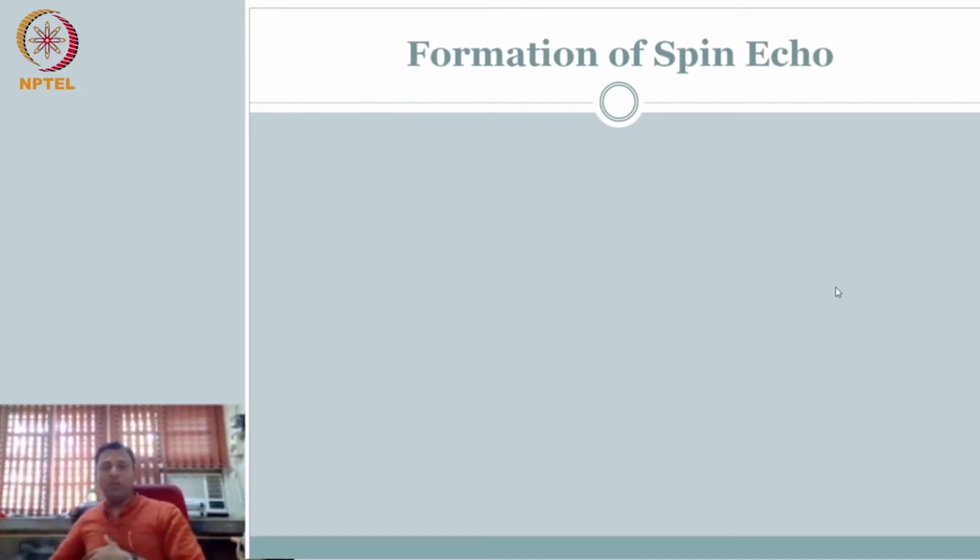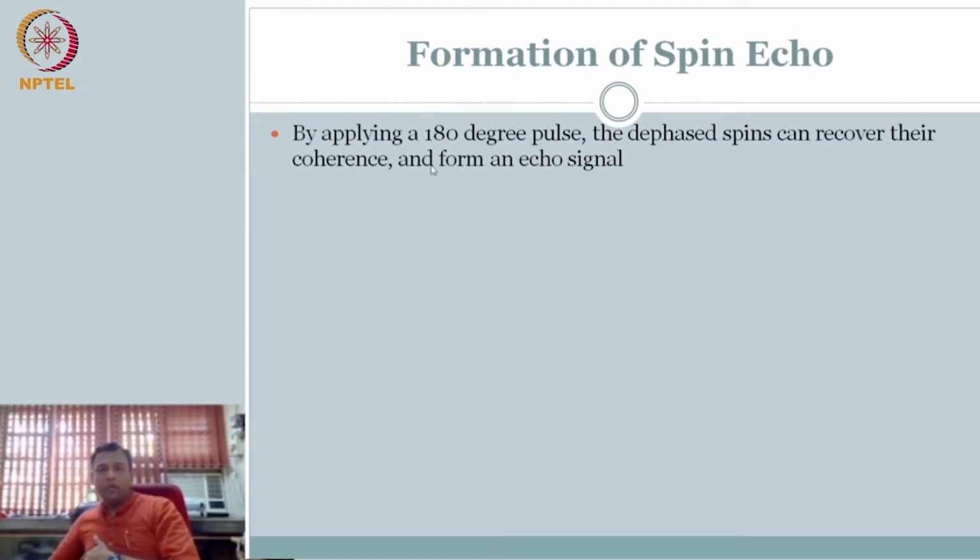So spin echo means I have a signal from spin, echoed again. Meaning I have the signal, it is going to go down, and I am trying to make it come back and record it again. So that is your echo of the signal. So by applying a 180-degree pulse, the dephased spins can recover their coherence and form an echo signal.